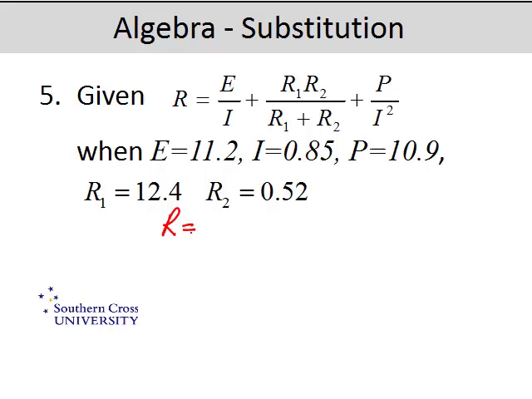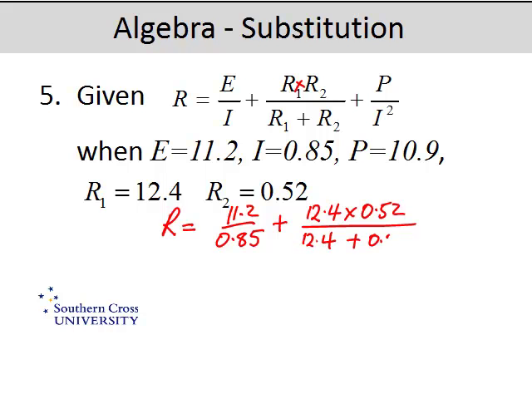So this becomes E over I, which is 11.2 over 0.85, plus R1 times R2, and there's an implied times there, so it's 12.4 times 0.52 over R1 plus R2, which is 12.4 plus 0.52, plus P, which is 10.9, on I squared, which is 0.85 squared.